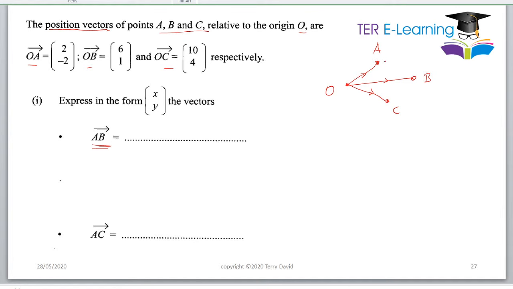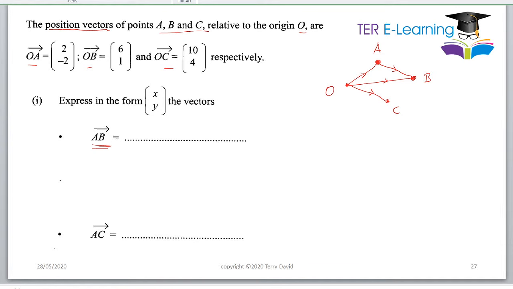So look at something here. The question is asking, what is the vector AB? Now, I want to go from A to B. How else can I go from A to B? Anybody?